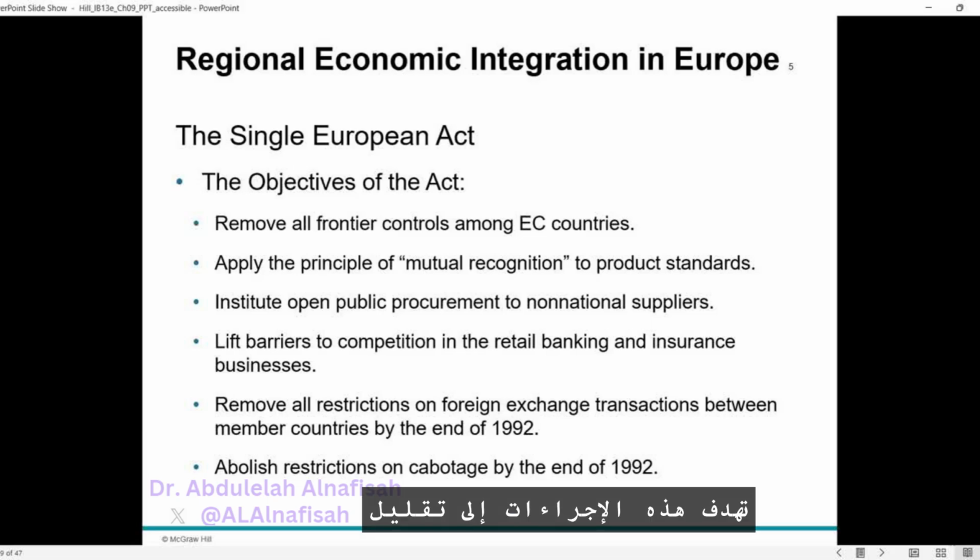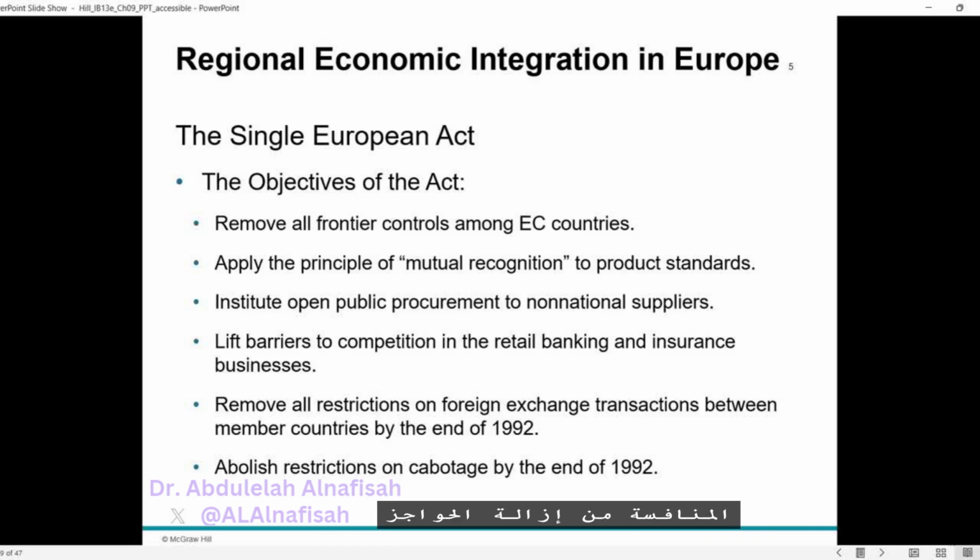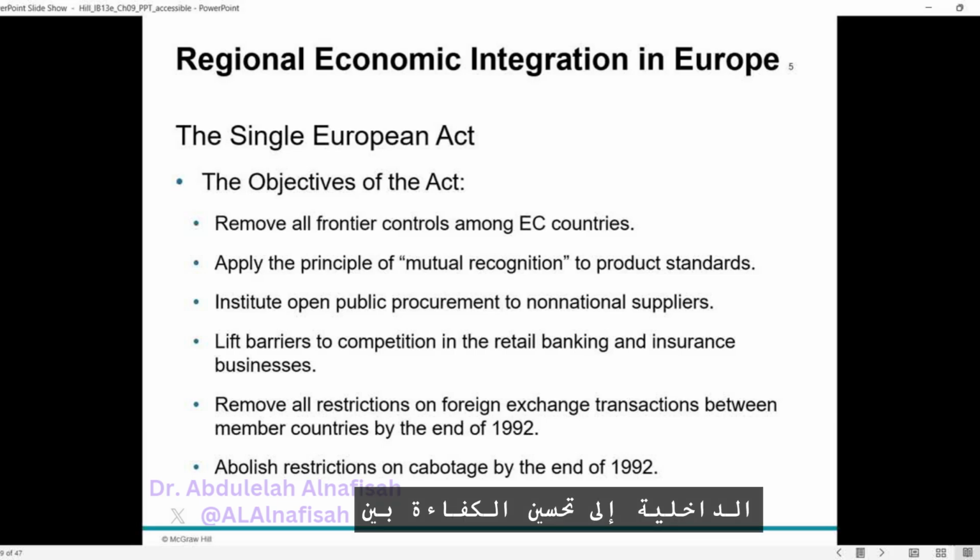These measures aim to reduce business costs and allow firms to exploit economies of scale. Increased competition from removing internal barriers was expected to improve efficiency among EC firms. The significance of the Act led to the renaming of the EC to the European Union, symbolizing its deeper integration.